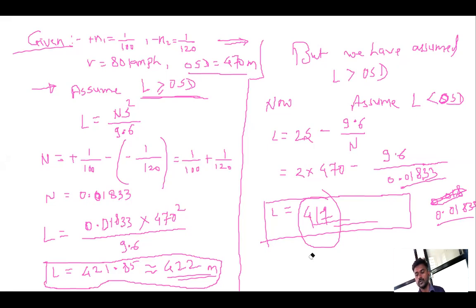We get about 417, 416. Okay. So directly use whatever the answer is on the calculator. That will give you the more accurate answer.